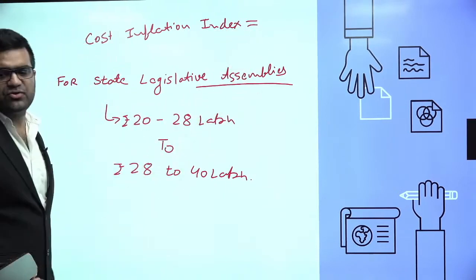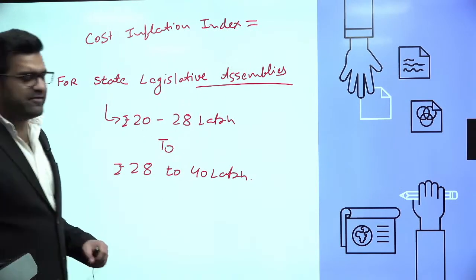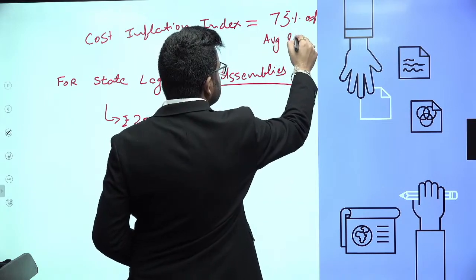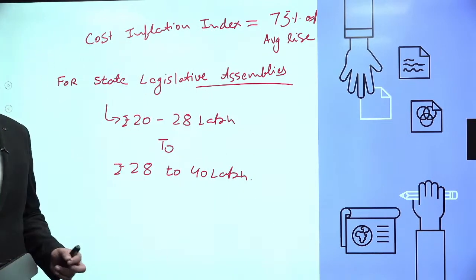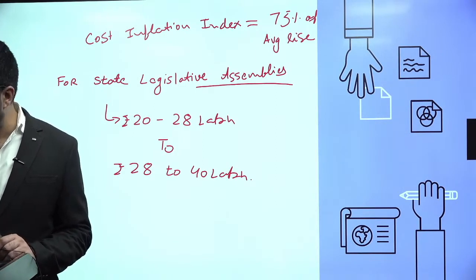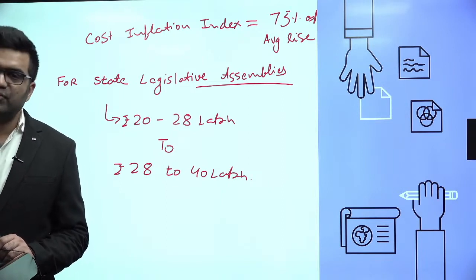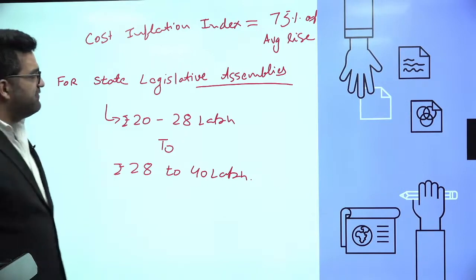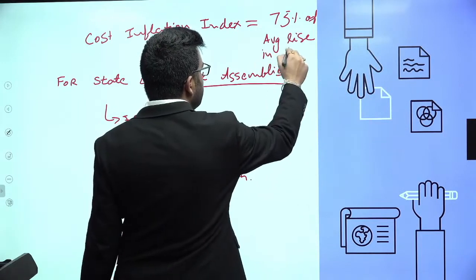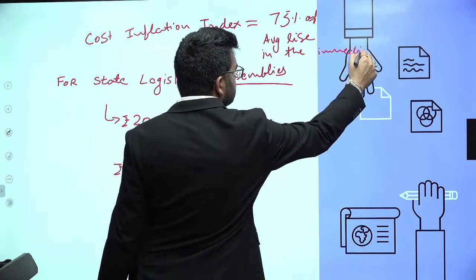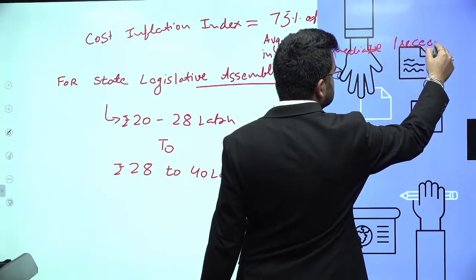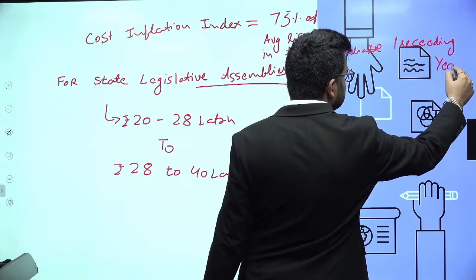The cost inflation index takes into account 75% of the average rise in consumer price index urban in the immediate preceding year. Please write down: in the immediate preceding year.